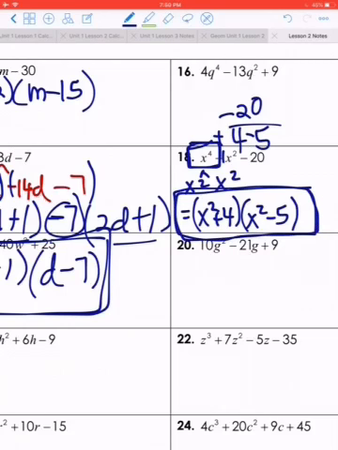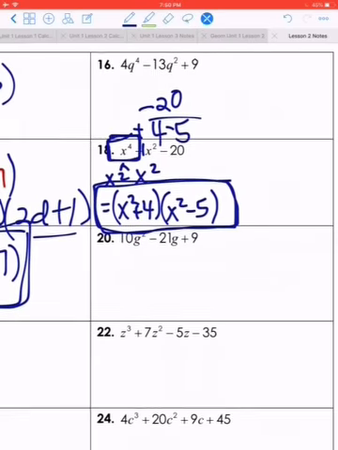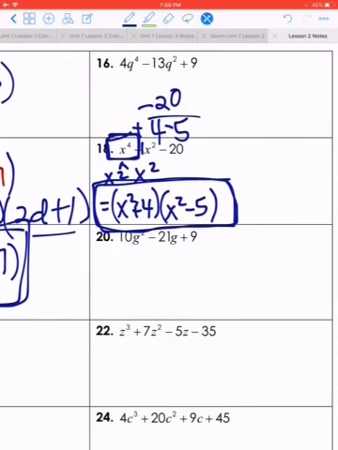Alright, in number 20, we don't have a coefficient of 1 in front of the g squared. It's 10. So we're going to have to take 10 times 9, 90, and figure out numbers that could multiply to 90 but add to negative 21. Okay?